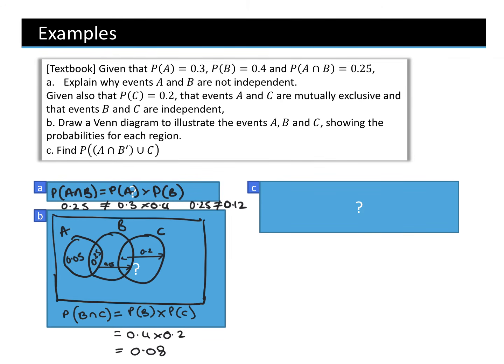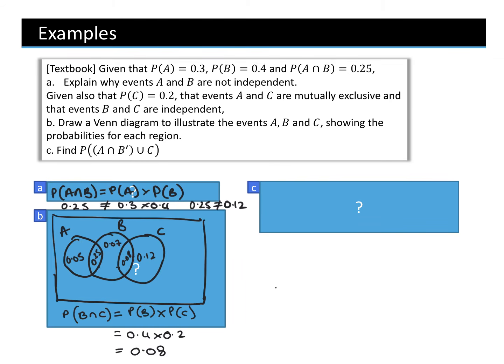So that means that my intersection is 0.08. Now we know that the whole of B is 0.4, so if I've got 0.25 and 0.08, what's left? 0.07. And we know that C is 0.2. If I've got 0.08, this one C is 0.12.